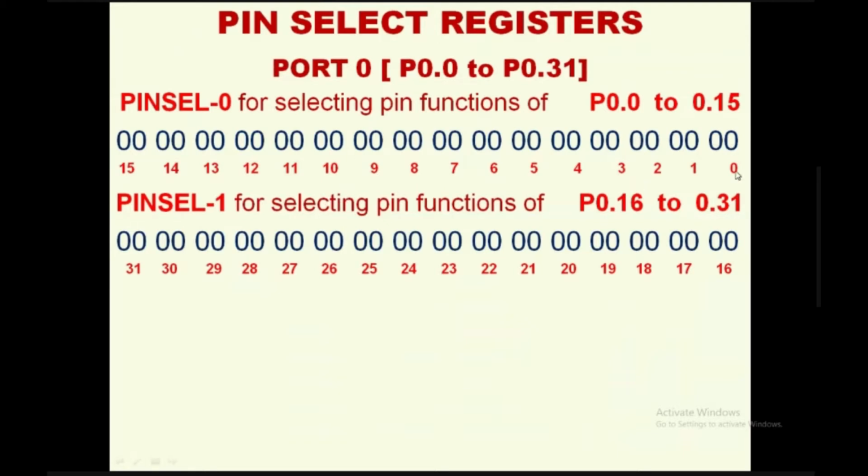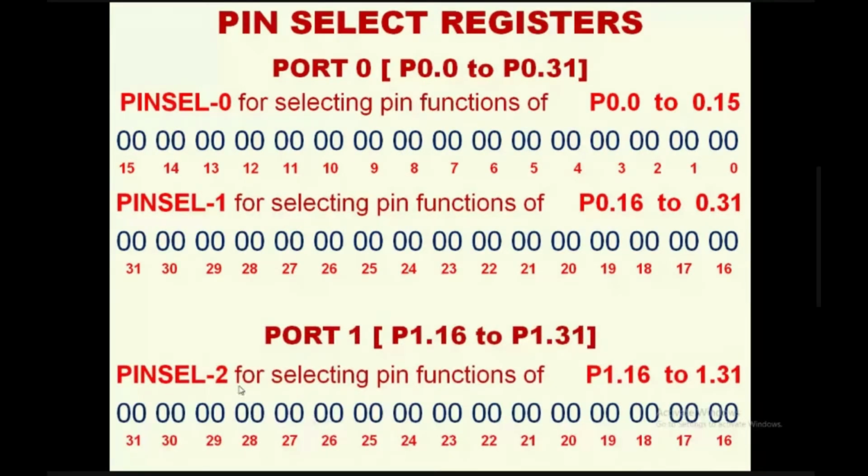Here 0th pin's selection line is this, first pin selection line is this, second pin selection line is these 2 bits, third pin selection line is these 2 bits, fourth multiplexer's selection line is this, fifth multiplexer's selection line is this. So there are 32 multiplexers, where the selection lines for 16 pins, 32 selection lines, are from pin cell 0. Another 32 selection lines for another 16 pins of port 0 is pin cell 1. Similarly, port 1 uses pin cell register 2.